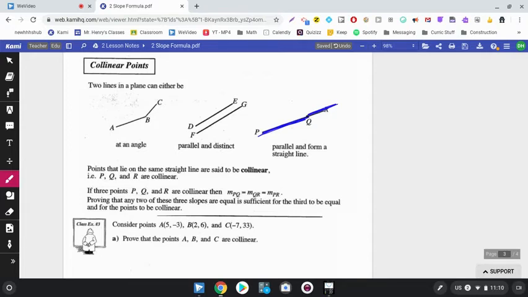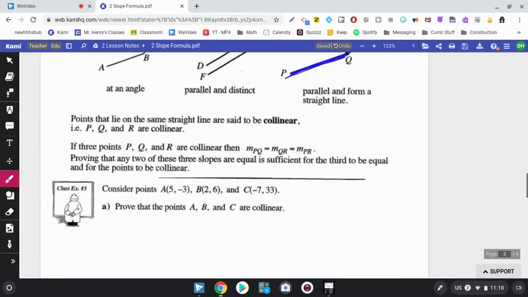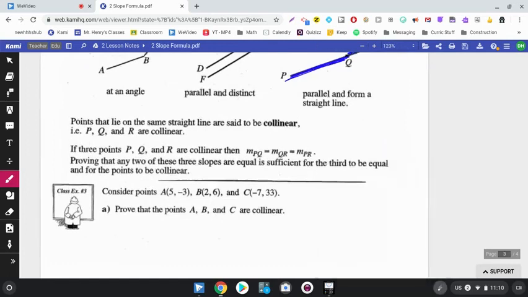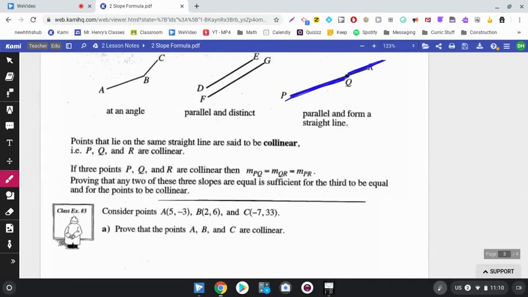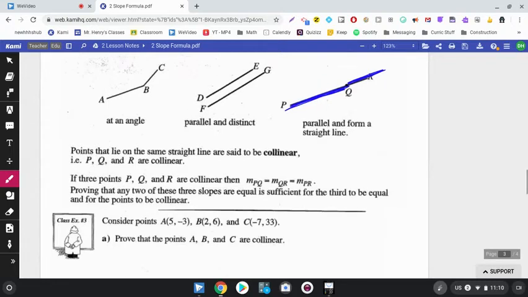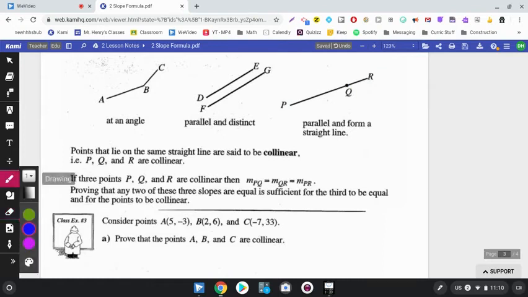And a way I can check if things are collinear is if their slopes are all the same. Okay, so for the example of P to Q to R, there are 3 slopes I need to check. If I want to know if these are all collinear, I check from P to Q, what's the slope of this line?